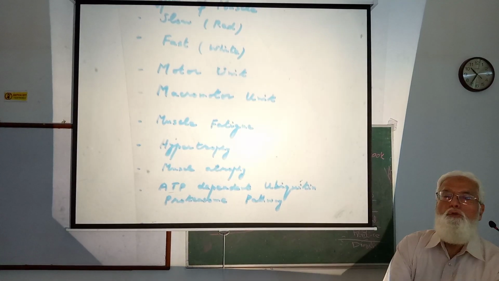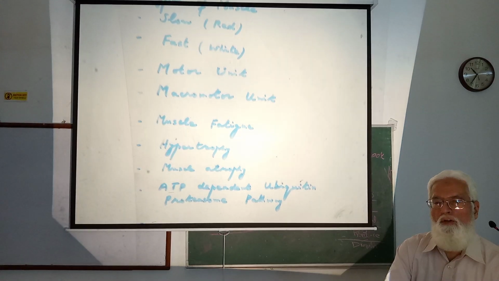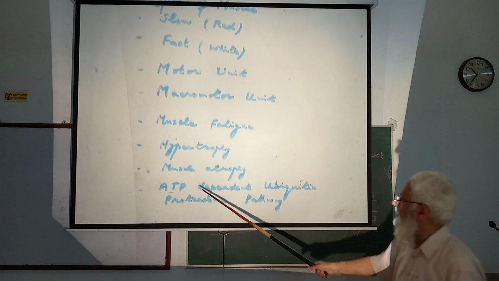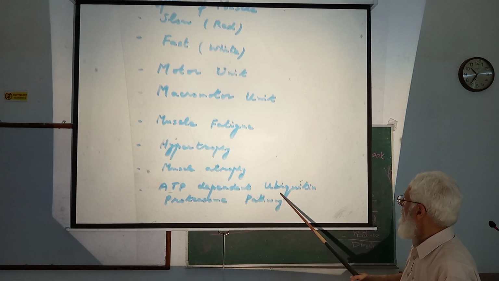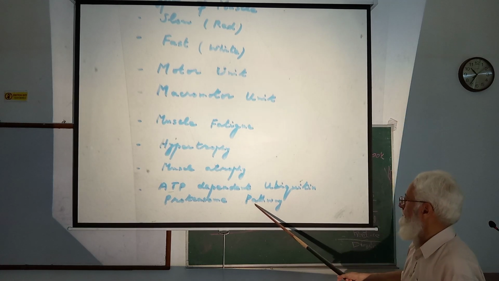Now in disuse muscle atrophy, there is involvement of the ATP dependent ubiquitin proteasome pathway.